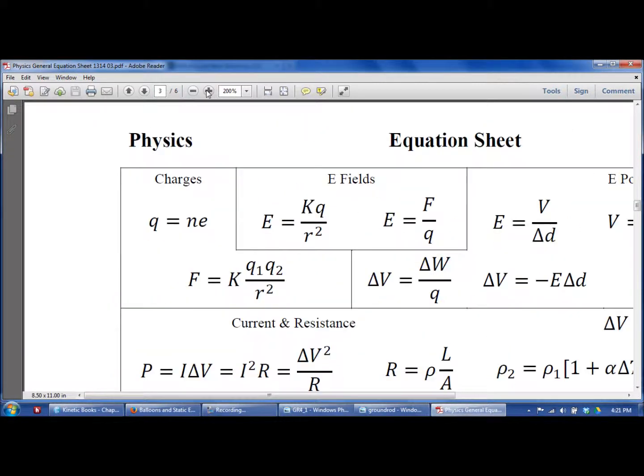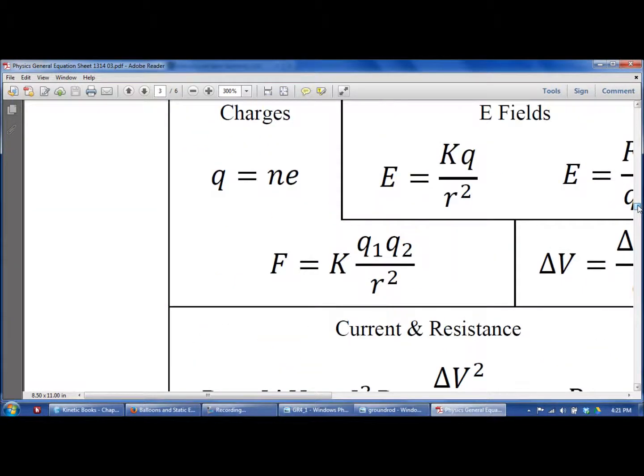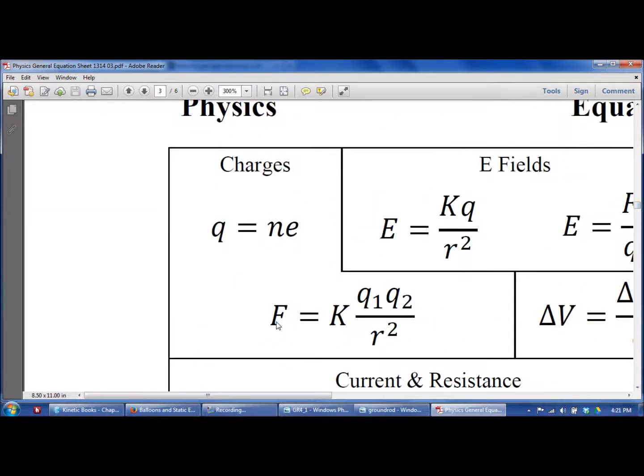If we zoom in, you can notice that the electrostatic force looks a lot like gravity. It is set up the same way. It's two physical quantities, radius squared, an inverse square law, and it has a universal constant, in this case called Coulomb's constant. So very similar to gravity.